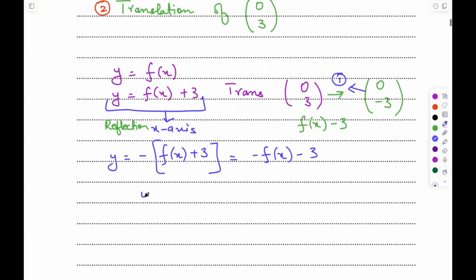So y equals f of x can be transformed to 3 minus f of x.